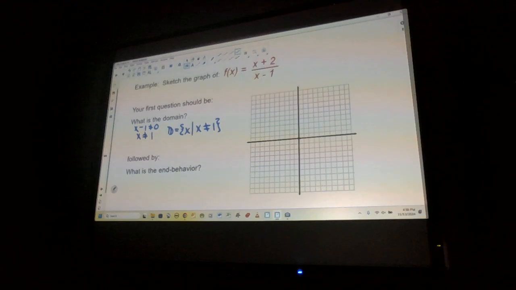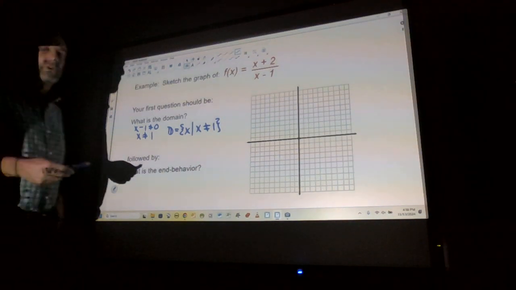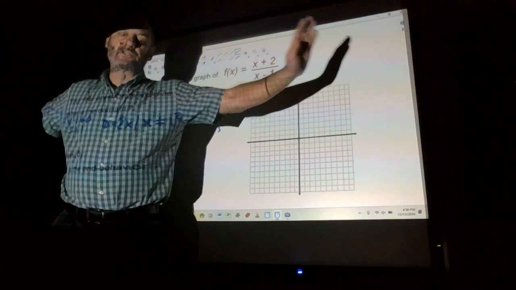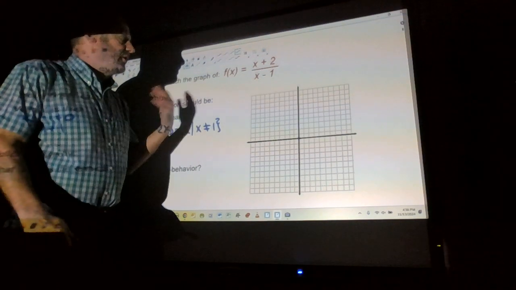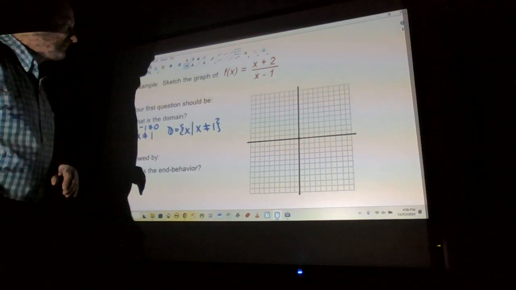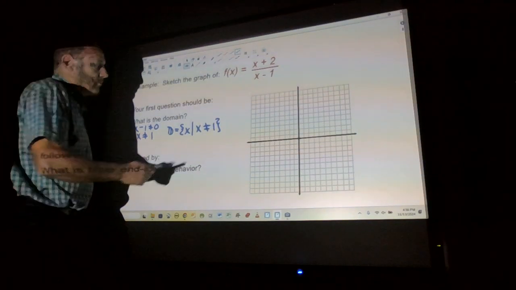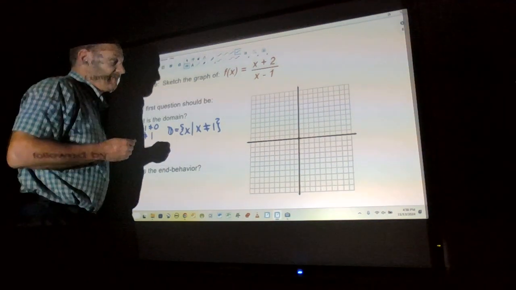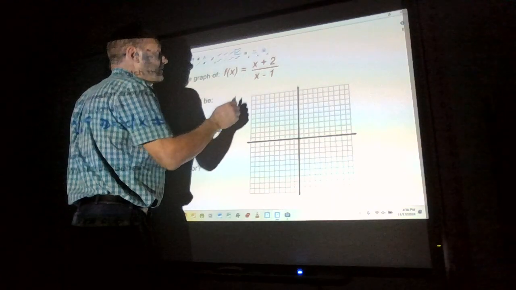Okay, and then the next thing we want to know is, what is the end behavior? So what happens to the function out on the outside? What happens as x goes to infinity? What happens as x goes to negative infinity? Now, here's what's going to happen. When we have a denominator equal to 0, like we would have at 1, we get something called a vertical asymptote.